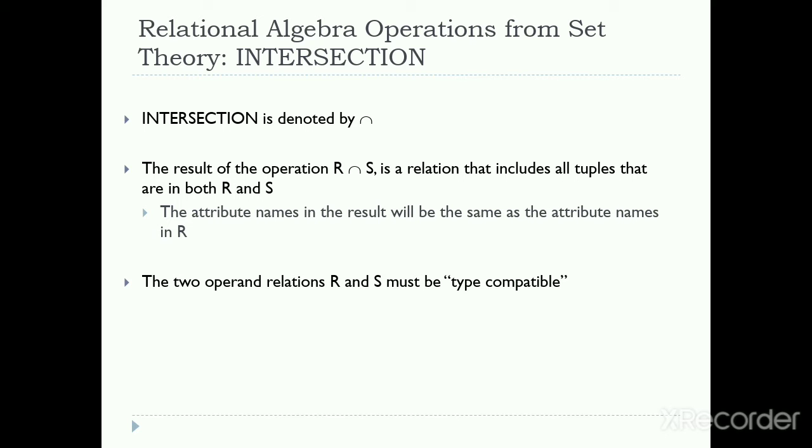The tuples which are common in both relations will appear in the resulting relation, and the attribute names will be the same as in the first operand relation. The type compatibility condition must be satisfied.